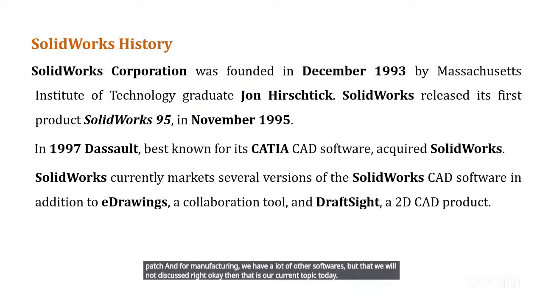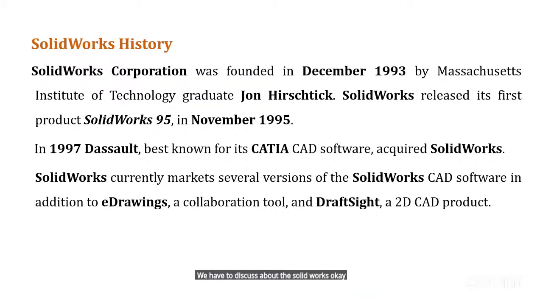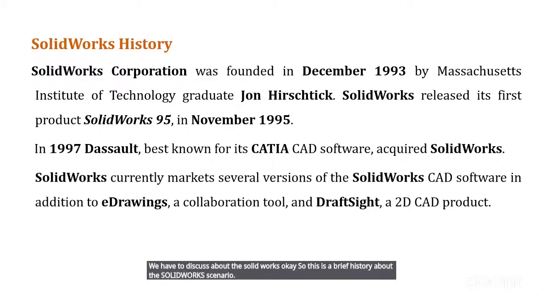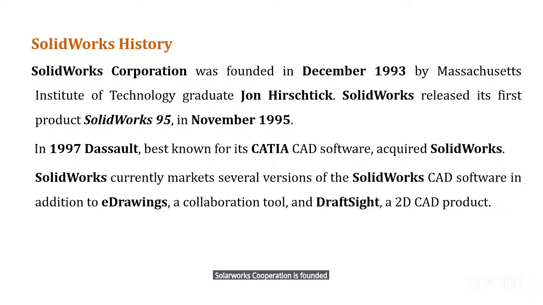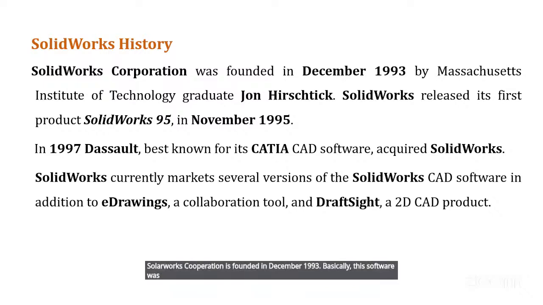We have to discuss about the SolidWorks. So this is the brief history about the SolidWorks. SolidWorks Corporation was founded in December 1993. Basically, this software was founded by an MIT graduate, Mr. John, who released the very first version of SolidWorks, SolidWorks 95, in November 1995.